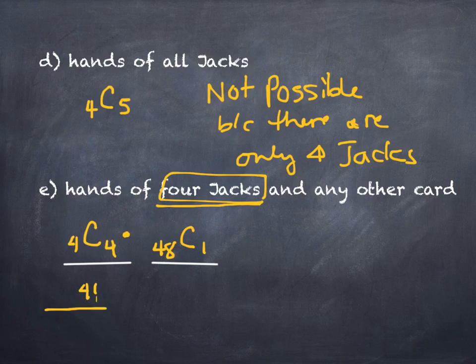I'm going to write it out first because I want you to see what happens. It is 1. Yes, I agree. But I want to show you why. What goes in the denominator? 4 minus 4. As part of it, first I'm going to put the 4 factorial. And then I'm going to have 4 minus 4, which is 0 factorial. Okay? Let's just write out the other piece too before I go back to this one. What about the 48C1?